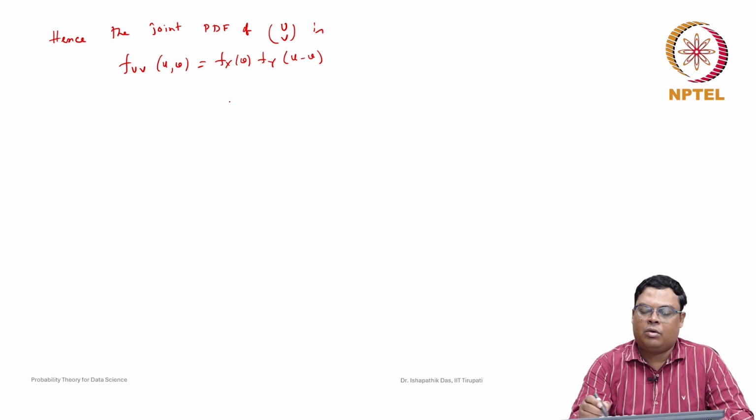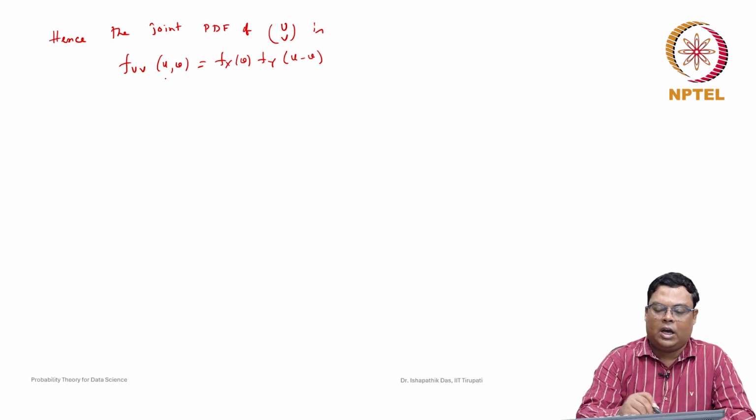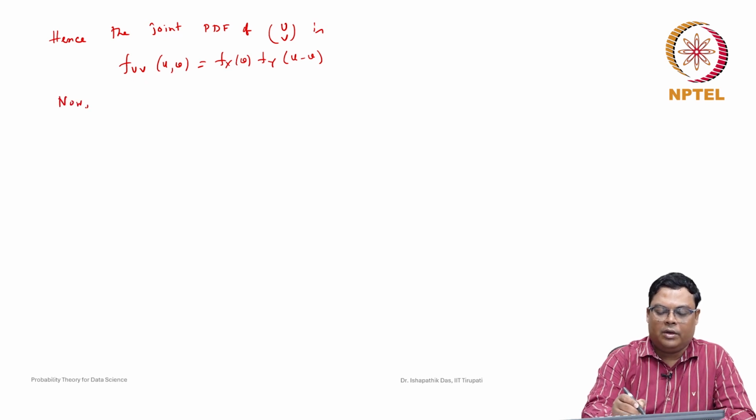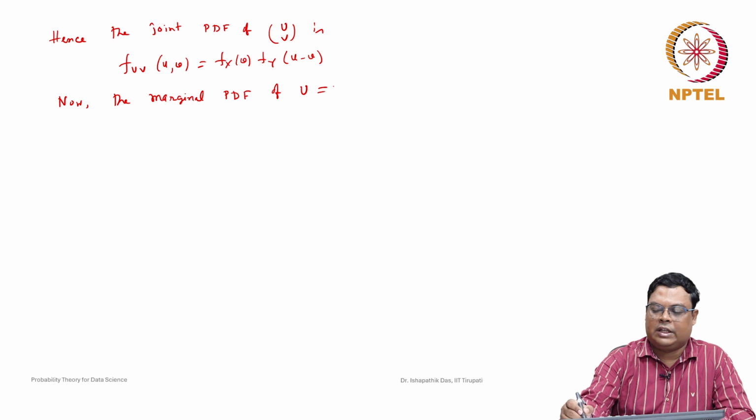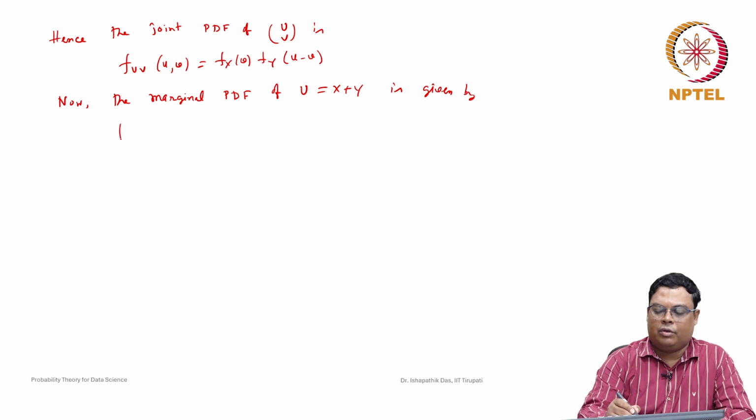Now whenever we know the joint probability density function, we can find the marginal, because we are interested to know the distribution of u equal to x plus y. The marginal probability density function of u, which is nothing but x plus y, is given by, by definition, the integral from minus infinity to plus infinity of f of (u, v) dv.